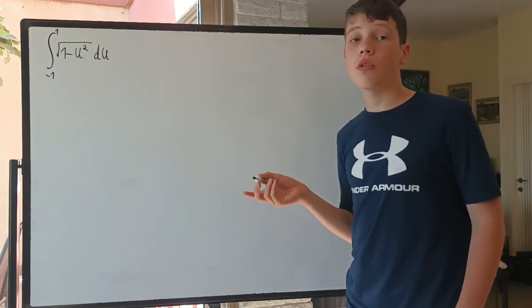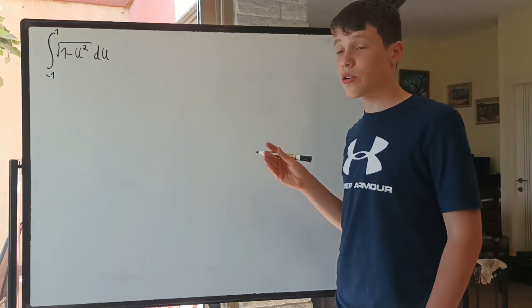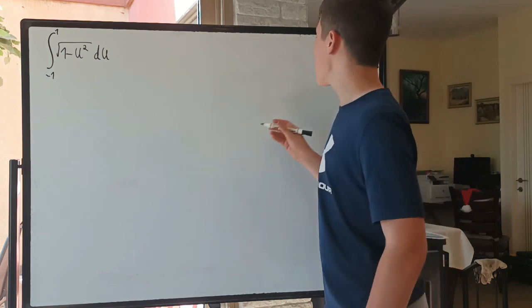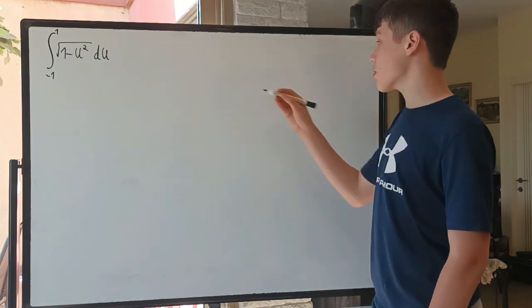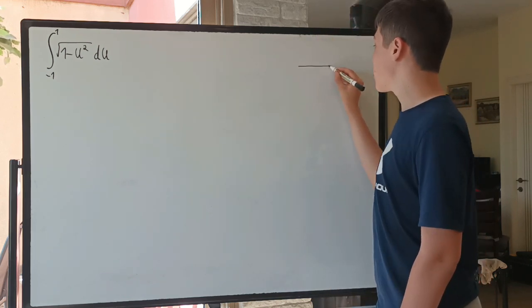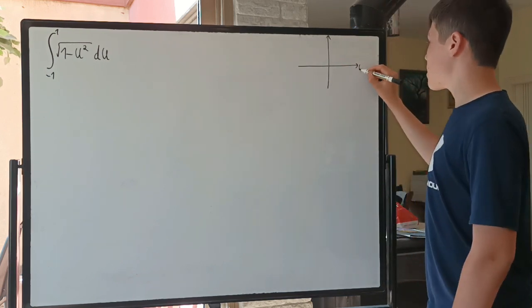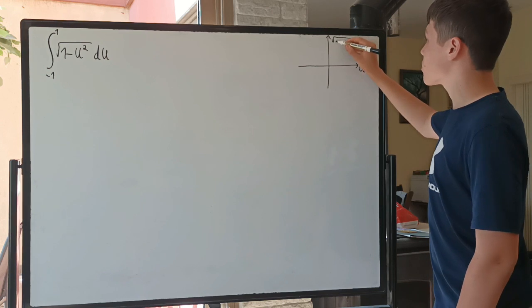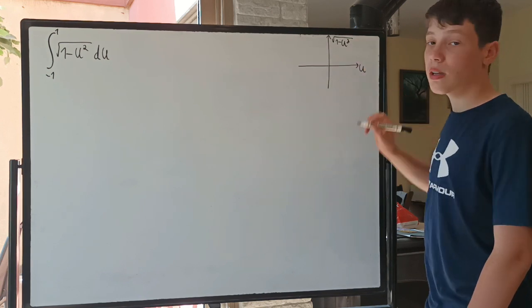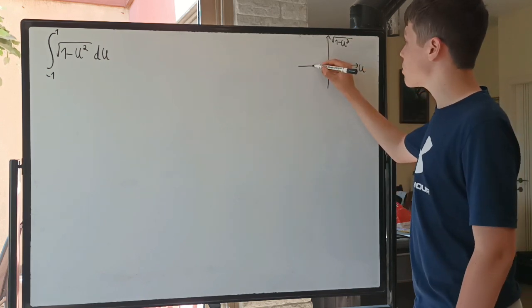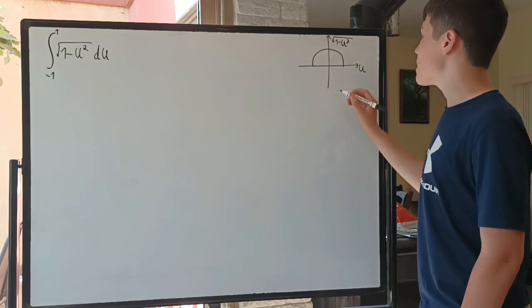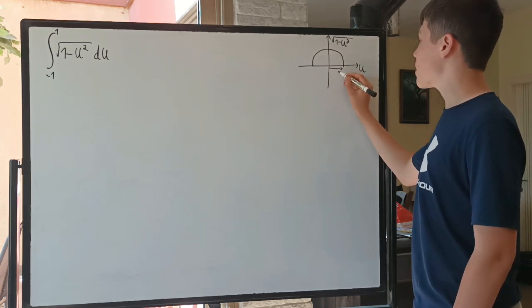We know an integral indicates the area under the graph of a function. So we're going to draw this function's graph. Say this is u, this is square root 1 minus u squared, and actually what you get is a semicircle with radius 1.